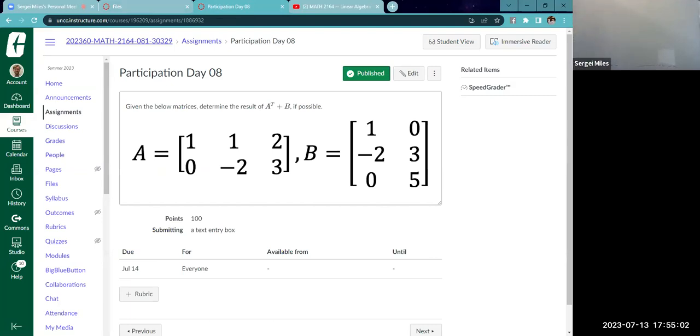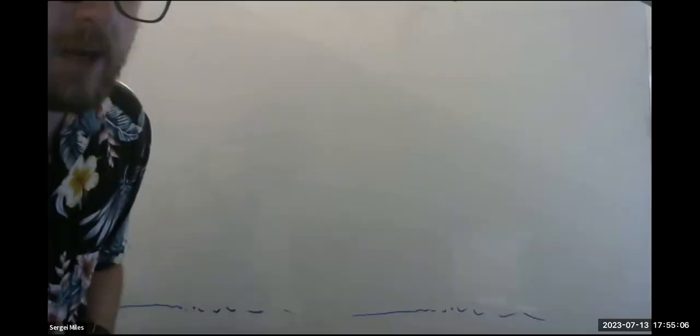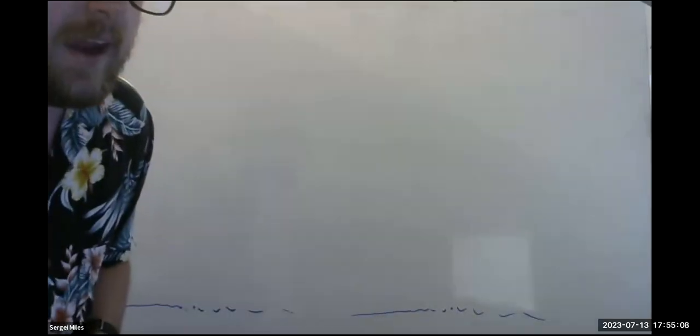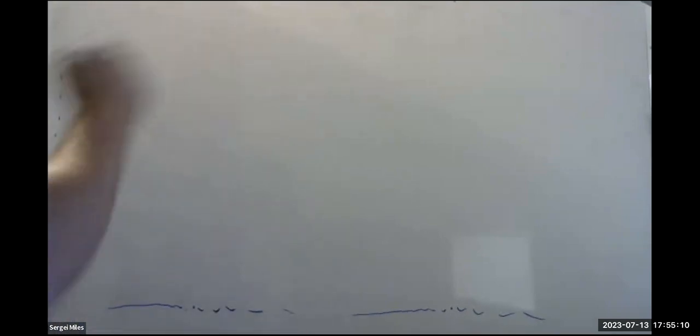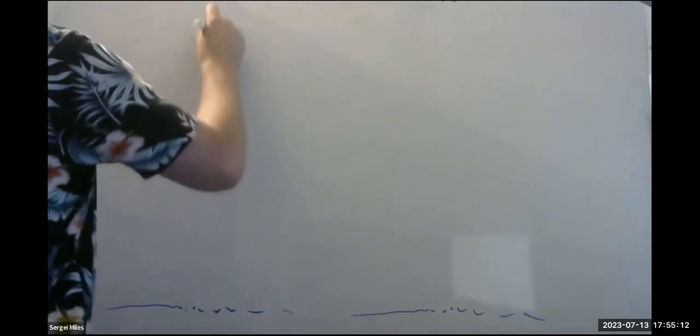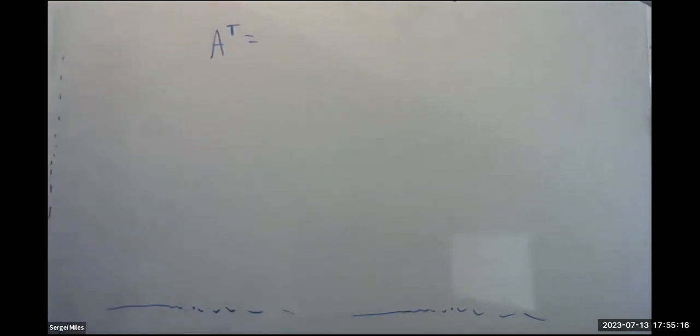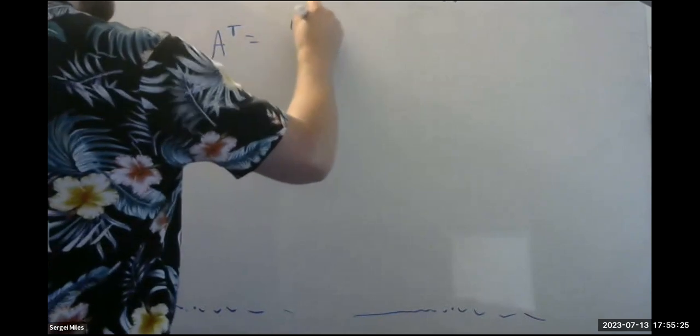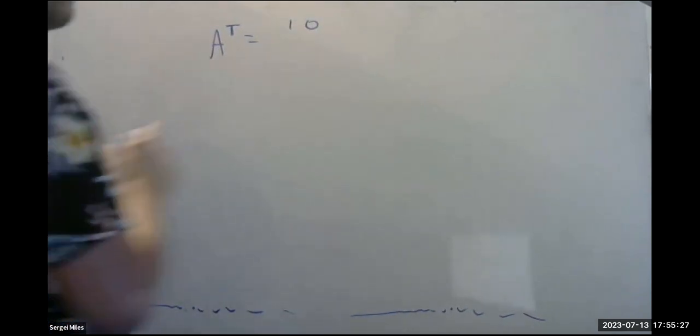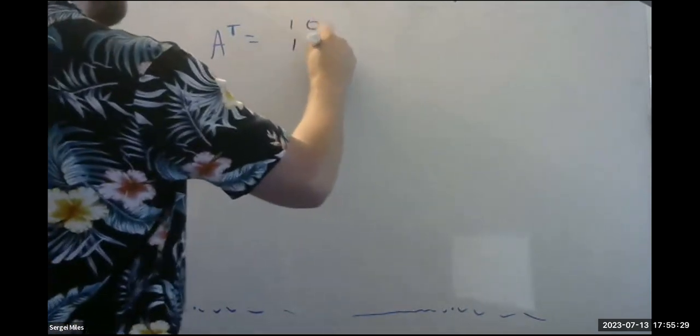So what's A transpose? I'm going to write this on the board. So let me stop sharing the screen. And I'm quite literally just going to go ahead and write, what is A transpose? A transpose, I'm going to swap the rows and columns. Columns become rows, rows become columns. So column 1 of A becomes a row. Column 2 becomes a row.